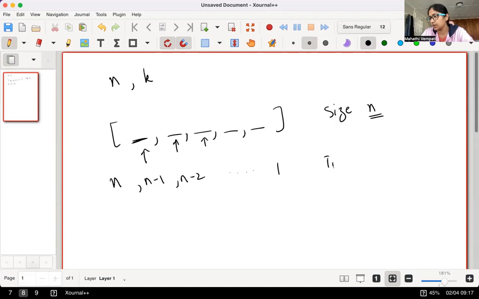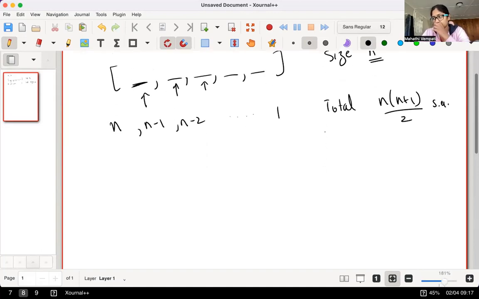So you can have a total of n times n plus 1 divided by 2 subarrays, right? And they'll give you a number k, which is 1 less than or equal to k, less than or equal to n times n plus 1 by 2.